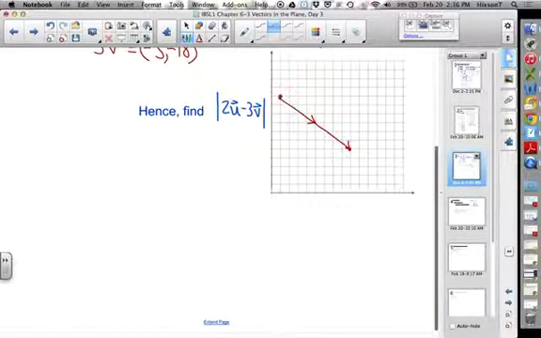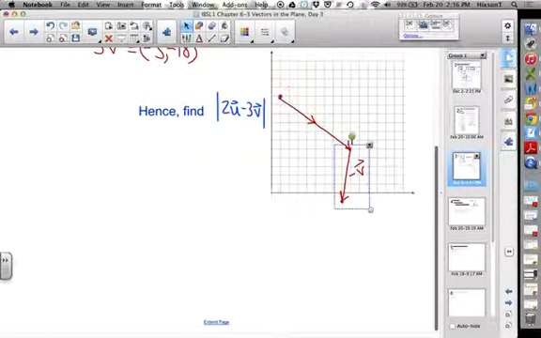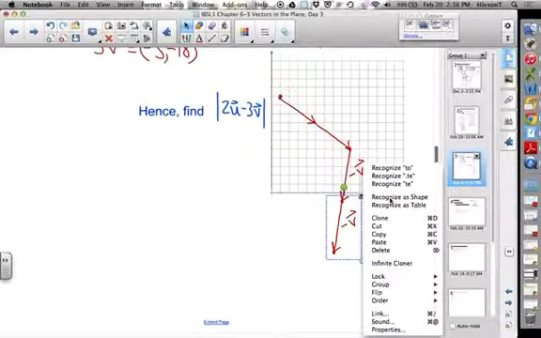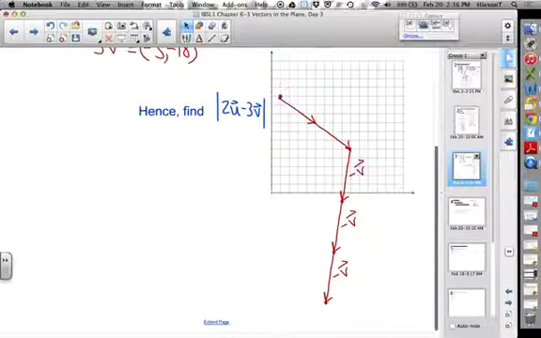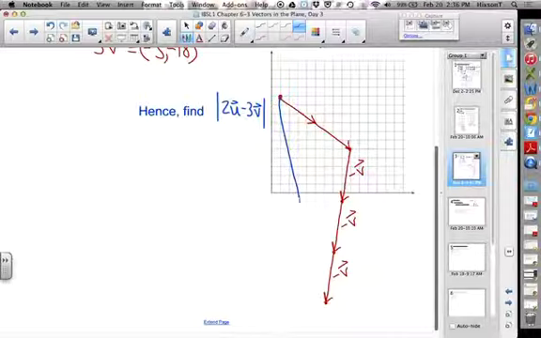There's a negative v, and I need 3 of those. So there's my second one, and there's my third one. So what I just found is that right there. That's 2u minus 3v.